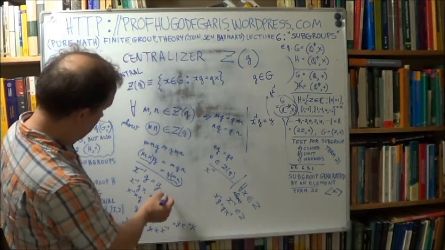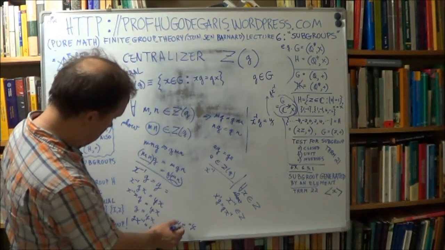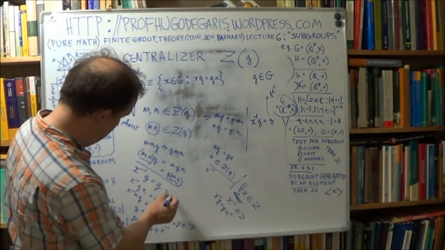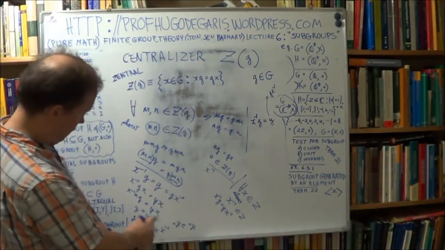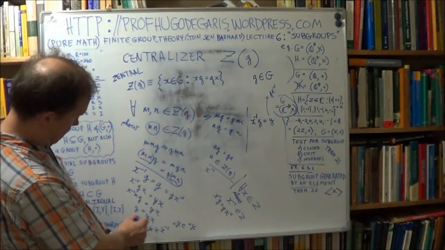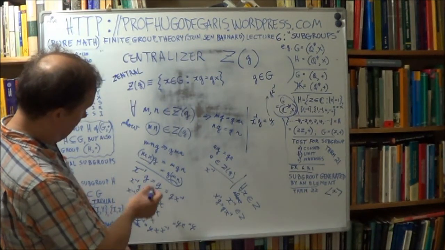So this y here is equal to g x inverse. But y also equals x inverse g.